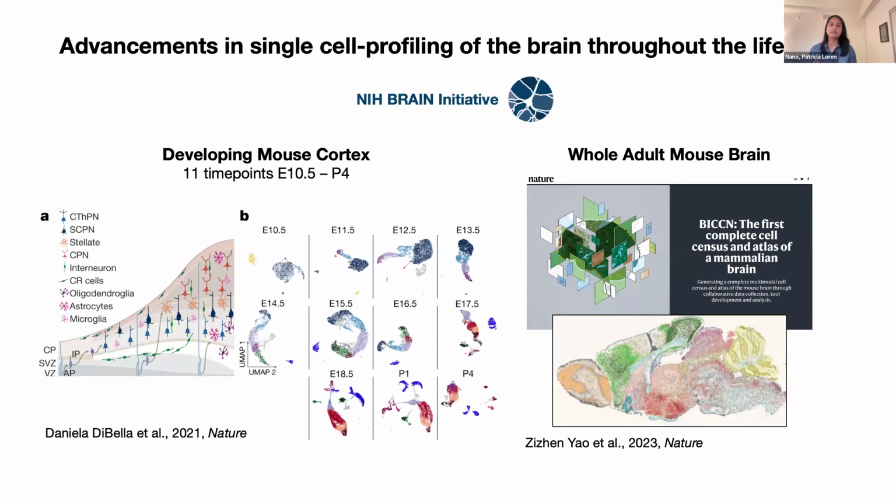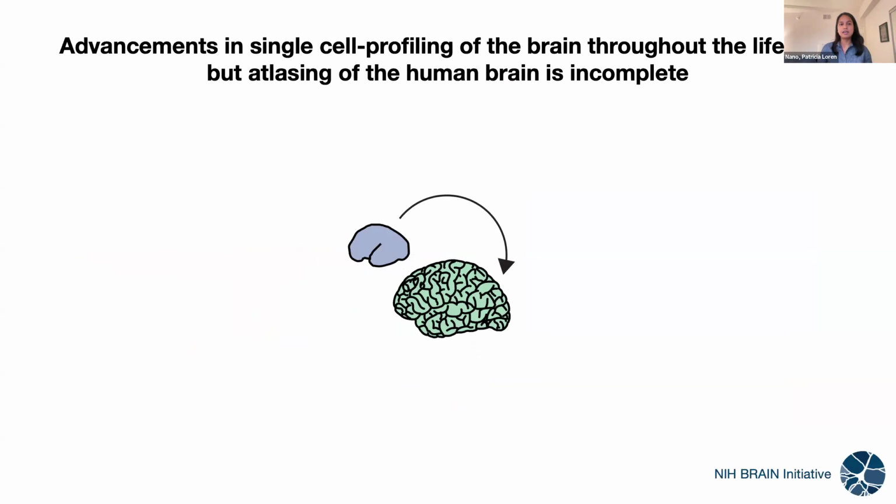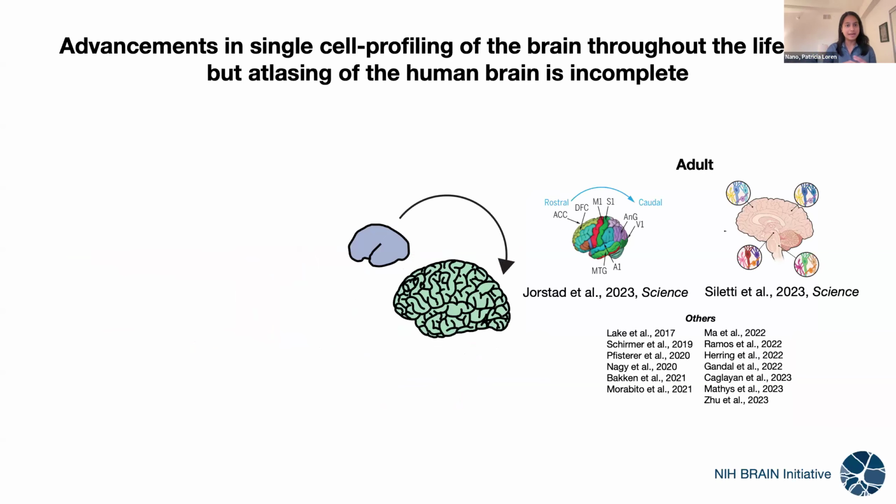But as Aparna alluded to earlier, there are many human-specific aspects of cortical development. And so there's been an equally important push towards understanding human cortical development. And many of these data sets now have given us a picture of the adult human cortex and many different adult cortical areas.